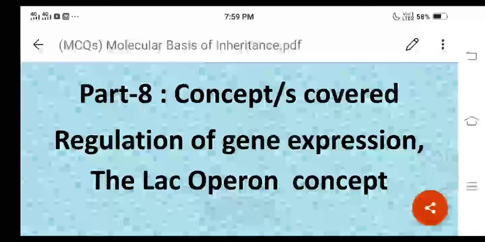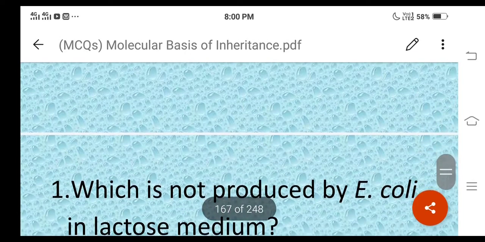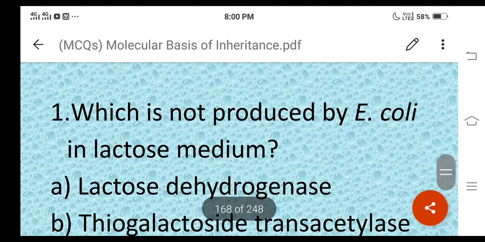Remember, under this, how the genes will express. To understand gene expression, we are going to study one phenomenon or experiment called the lac operon concept, right? Based on this, different questions are there.